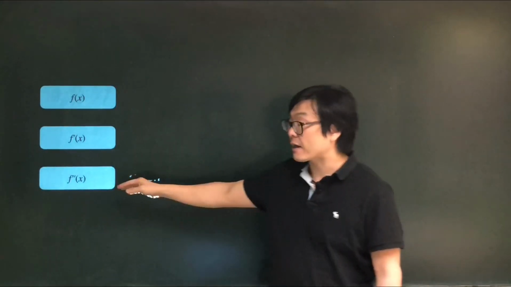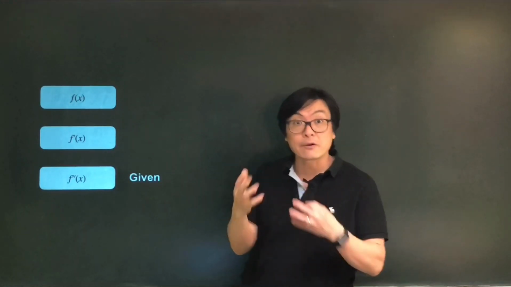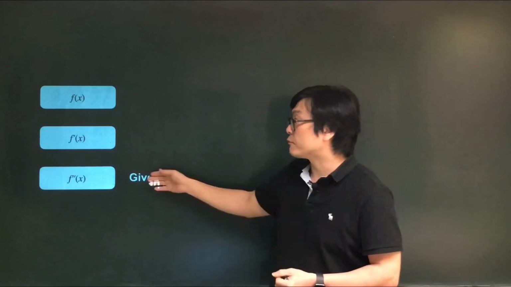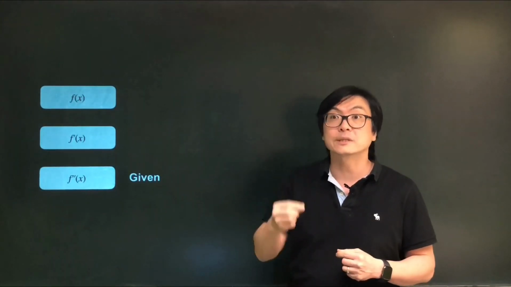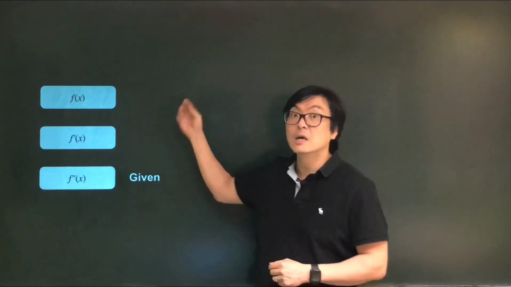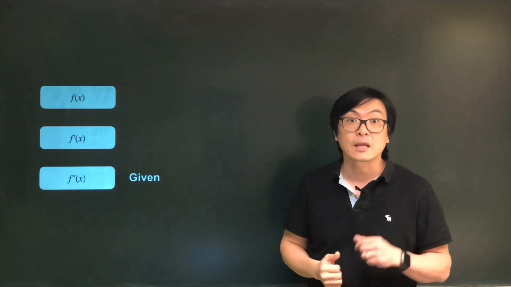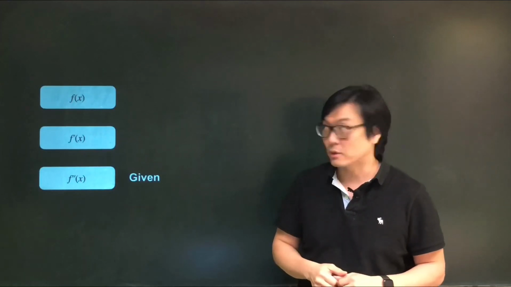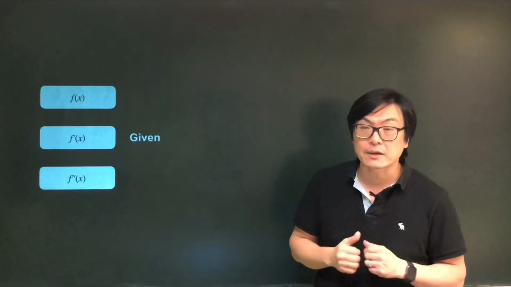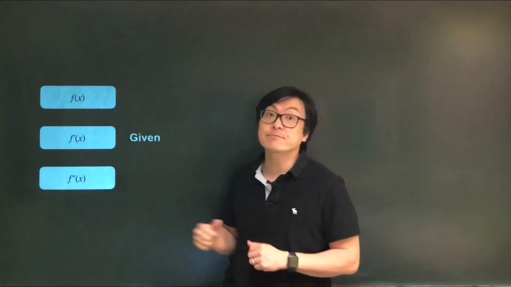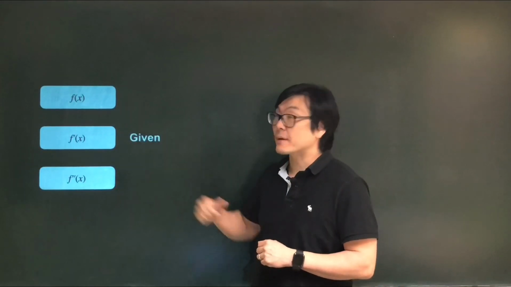If we have a graph of it, we may need to calculate the area under the graph, or if we have a mathematical expression for f double prime, we need an antiderivative or definite integral to get the formula or the value of f prime and f of x. The most common pattern is actually giving f prime of x.